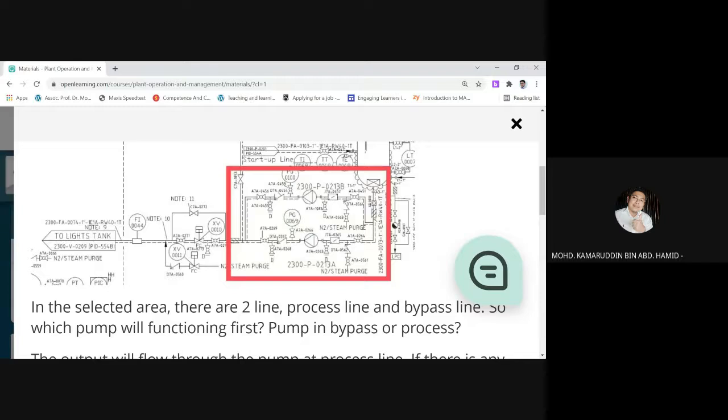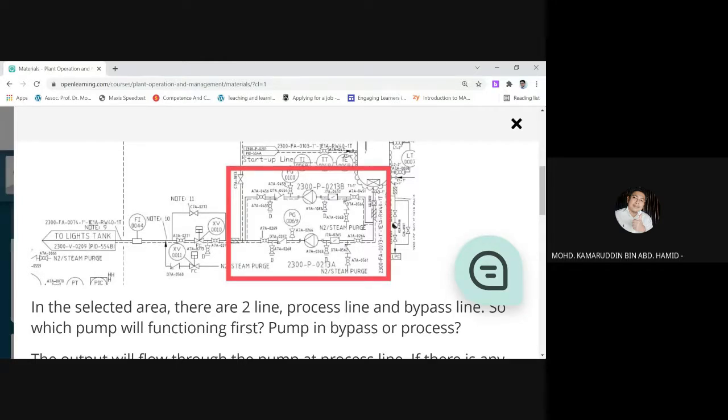Okay, usually when we start, this is sepatutnya lah, this is how you do the numbering. Usually you will start with 0 for your process. Okay, and the one with the starting number 1 ataupun starting number 2, usually we call it backup. Okay, the first backup, the second backup. That is how you do the numbering.